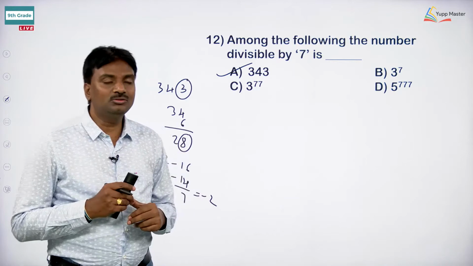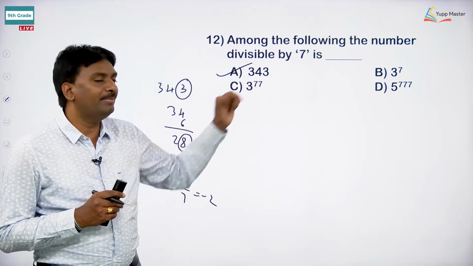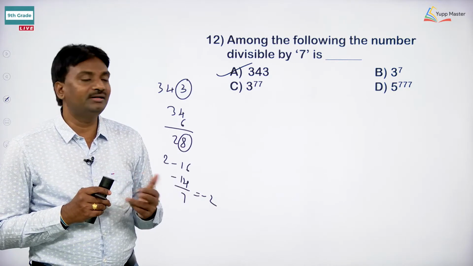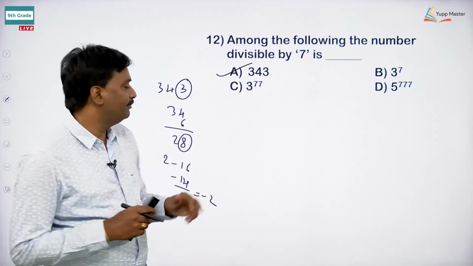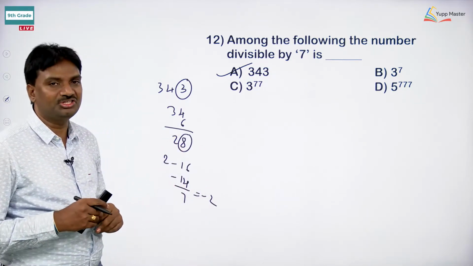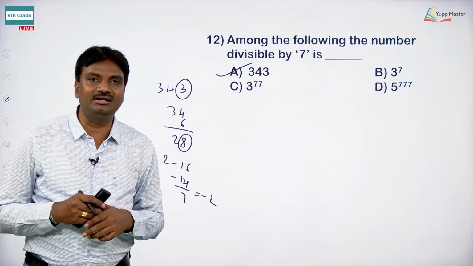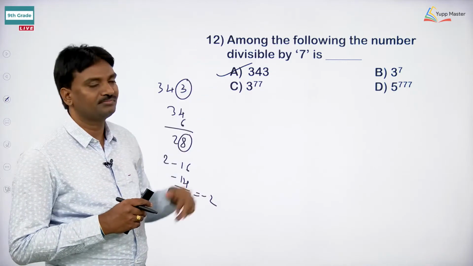Applying that rule to option A, here we have 343, where the number in units place is 3. Double 3 is 6. So 34 minus 6 is 28. Again, double the number 8, that is 16, and 2 minus 16 is minus 14. We know minus 14 is divisible by 7. So the correct option for the given problem is A.